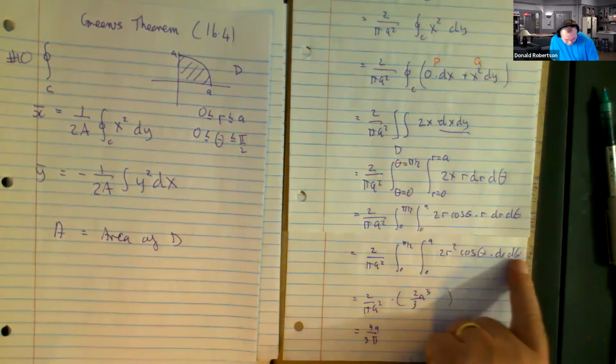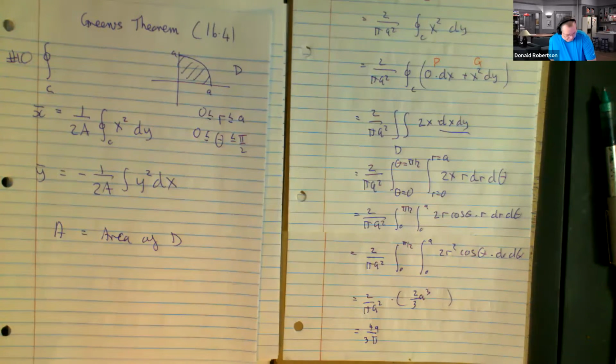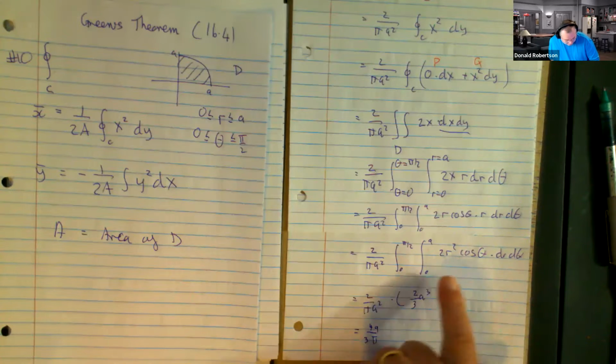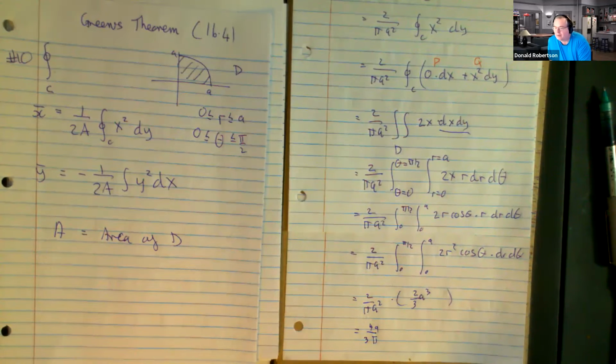So evidently all of this ends up just being 2/3 a cubed, and 1 over pi. So evidently there's no pi involved. Why not? Oh, because there's a cosine and it's 0 to pi upon 2. That's perfect because you get 1 out of that.